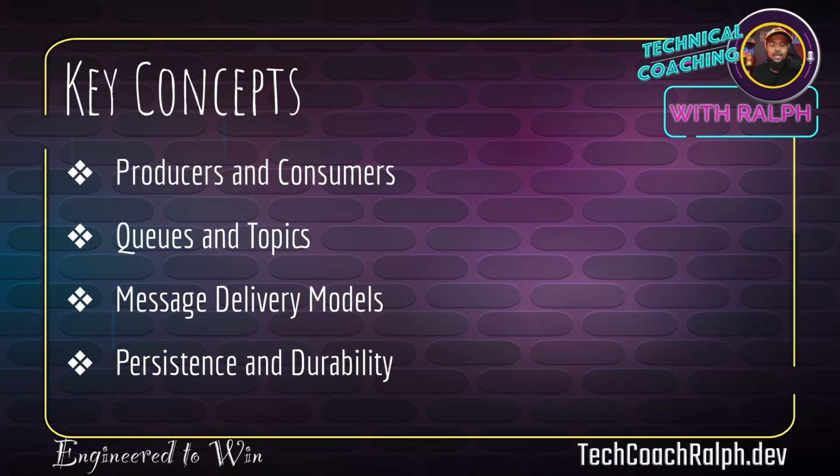So for the key concept of producers and consumers, very, very basic. We're not going to go too in depth because this is very preliminary, high level. Producers send messages and consumers retrieve and process them. If you think about our producer price index or our consumer price index, producers are the ones who send products to the store.